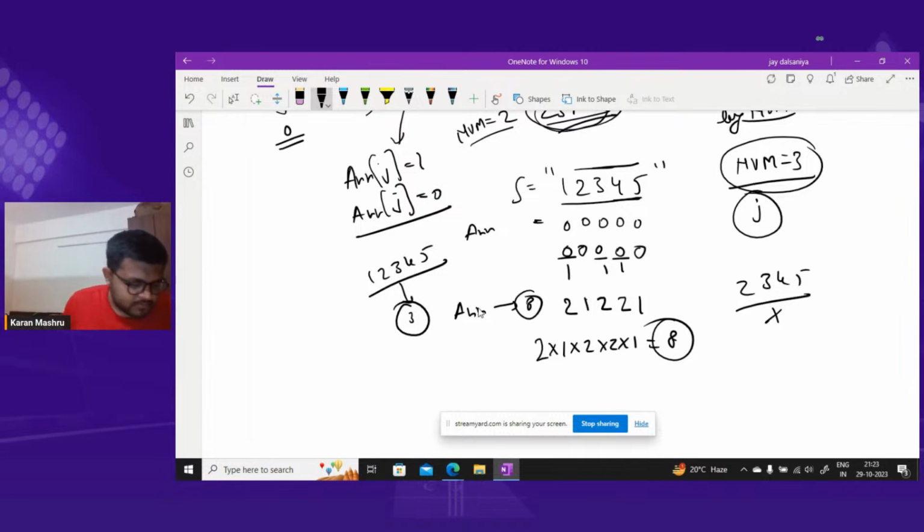First, let me know. Is this much clear? How is the array ARR formed?